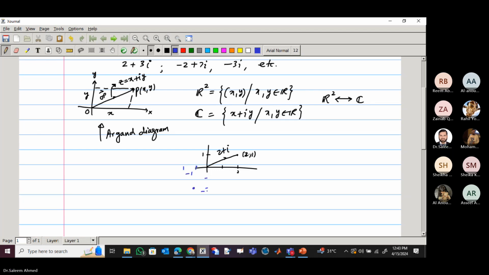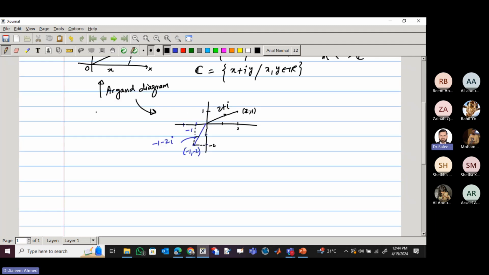So this point is -1, -2, right? Then this vector will be -1 minus 2 iota, right? So we can draw many things like that. All right. So this is drawing a complex number on an Argand diagram.